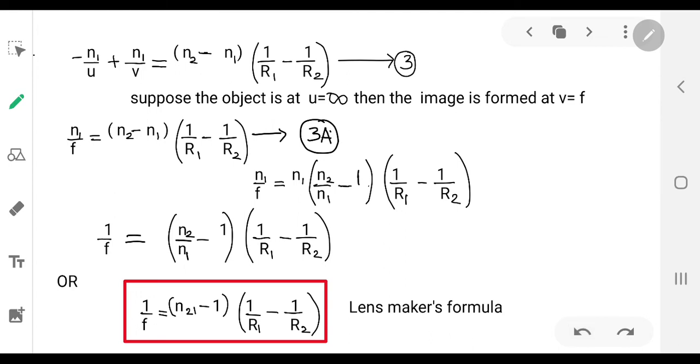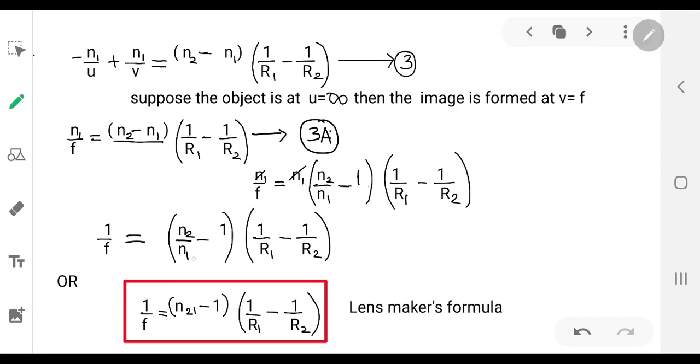Now we'll take n1 common from the bracket, so it becomes n2 by n1 minus 1. Now this n1 and n1 get cancelled. 1 upon f is equal to n2 by n1 minus 1 into bracket 1 upon R1 minus 1 upon R2.